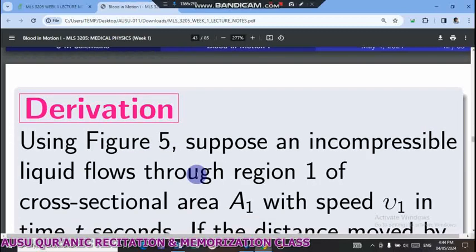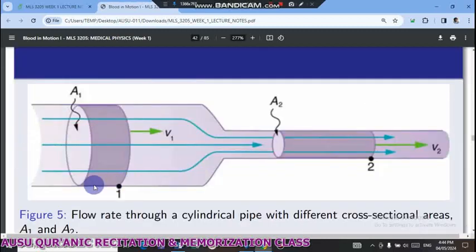Meaning the time it takes to flow from here to here, it takes the same time to flow from here to here in region 2. And you see it covers a larger distance, and the area here is smaller compared to the area we have here. So we have A2 here, and its speed is V2 now, not V1.